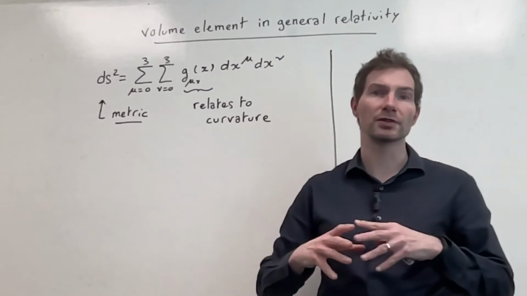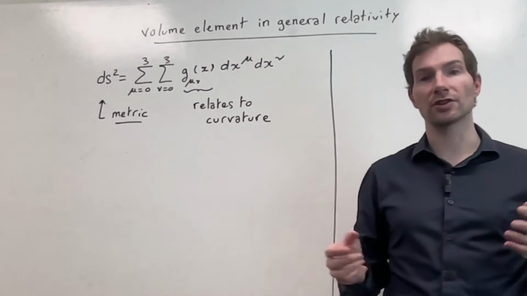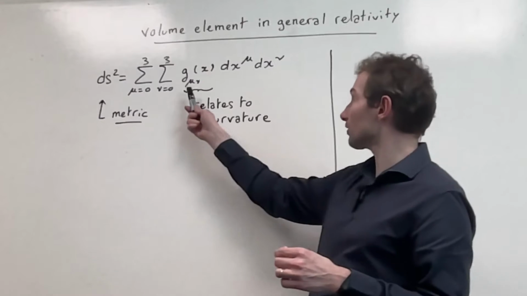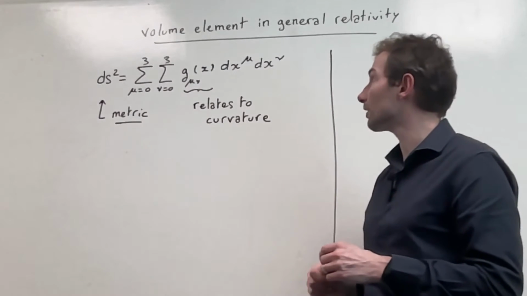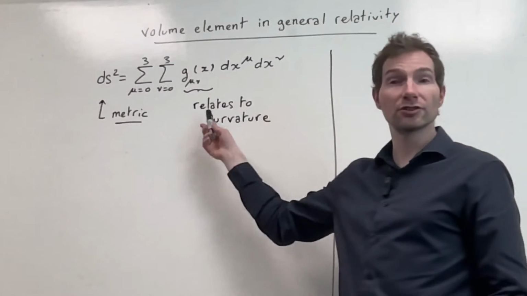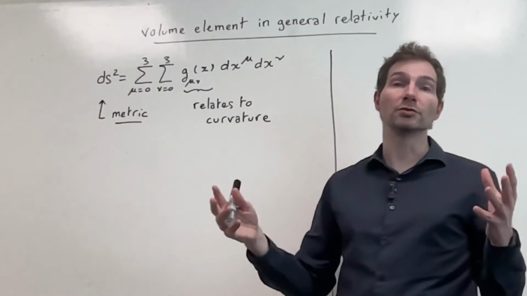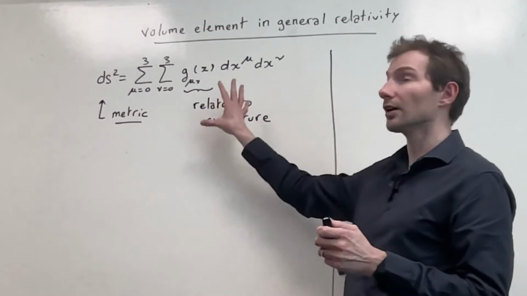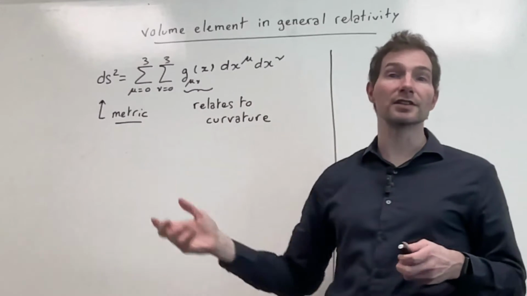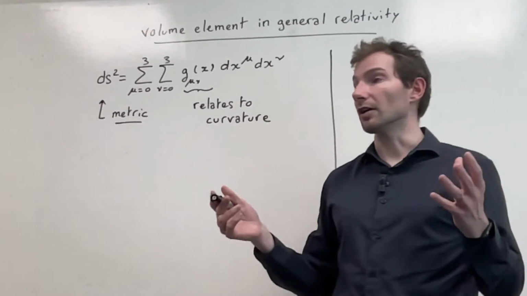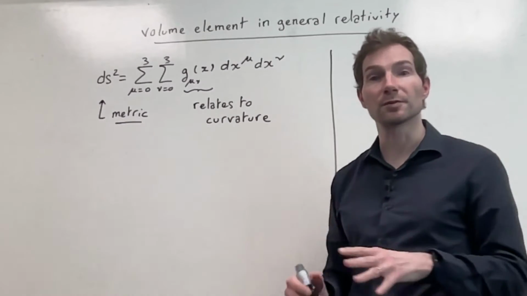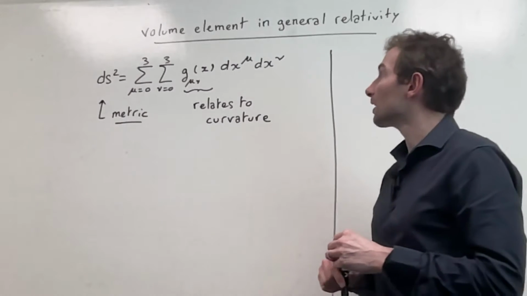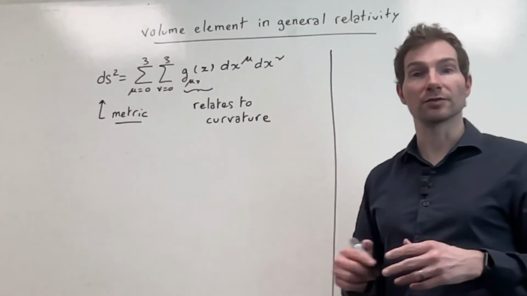Essentially, this is a generalization or extension of Pythagoras' theorem. This g mu nu relates to curvature, and it's going to be independent of coordinates if you are in Euclidean space, where everything is going to be equal to 1 and so on. Otherwise it may take many different forms.